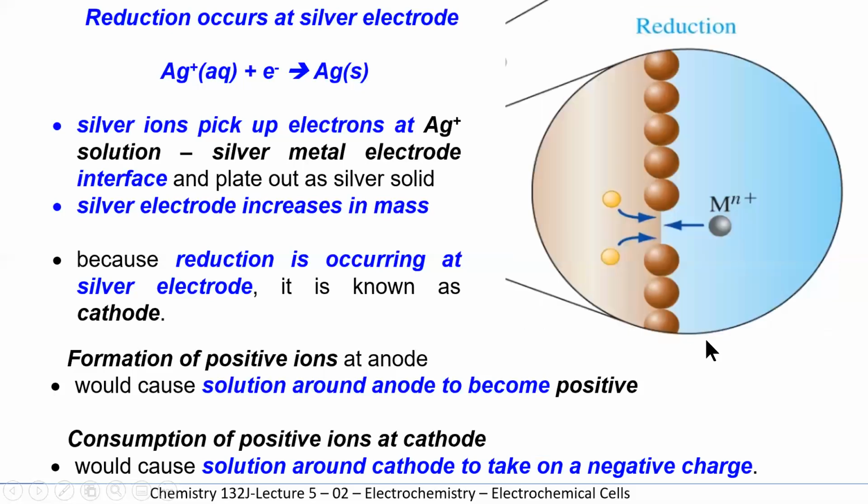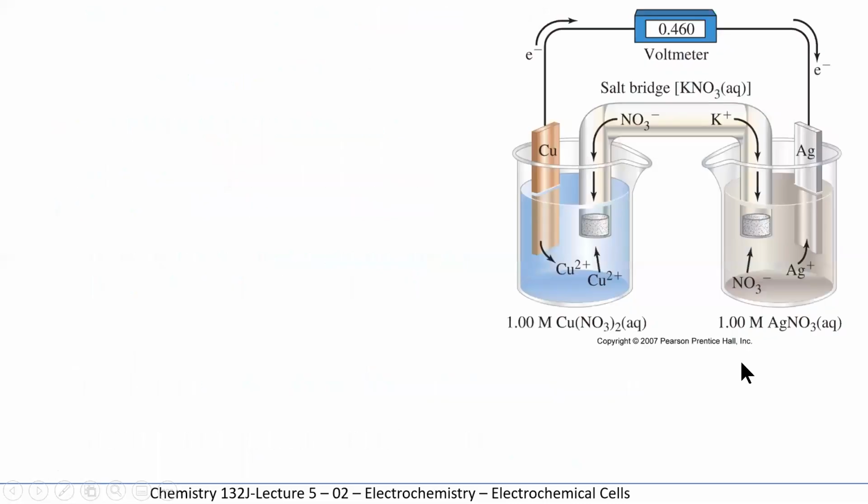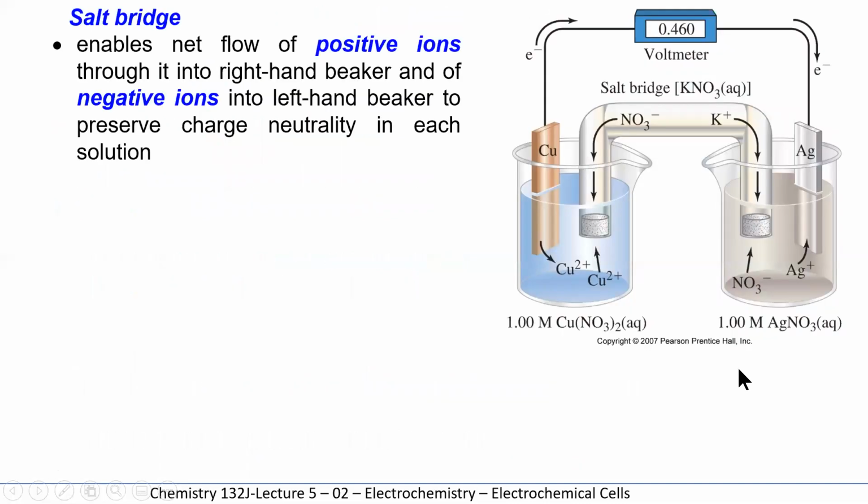So now, again, let's look at what's happening at the silver electrode. The silver electrode is gaining electrons. So the silver ions are joining with the electrons released from the copper and forming the silver metal here on the surface of that electrode. Now the opposite thing happens here.